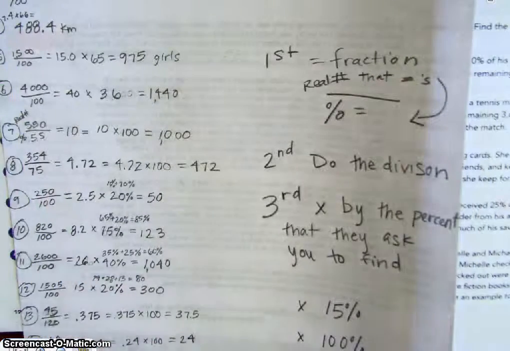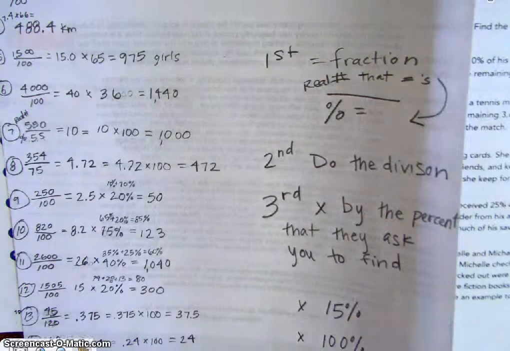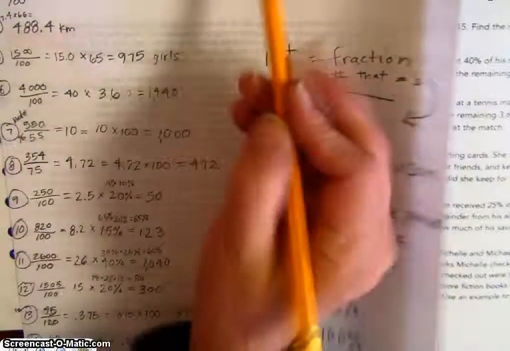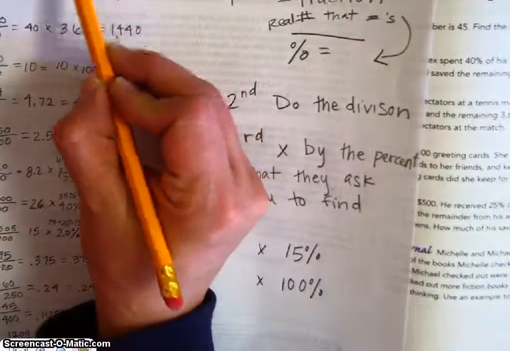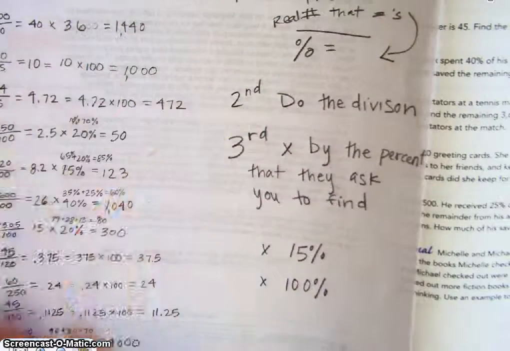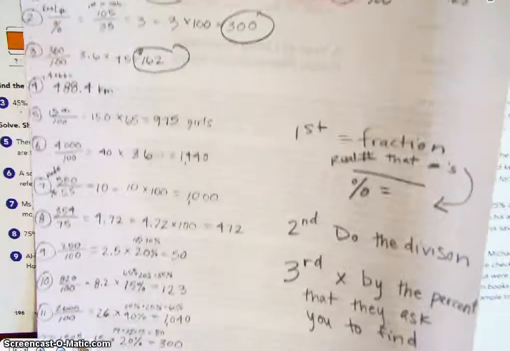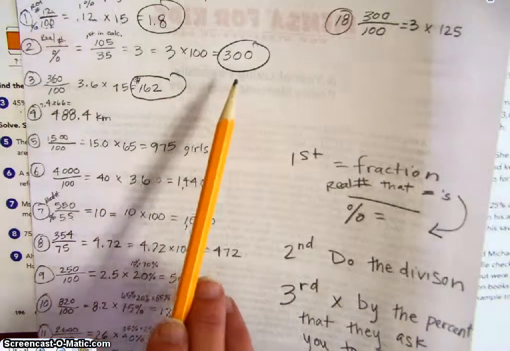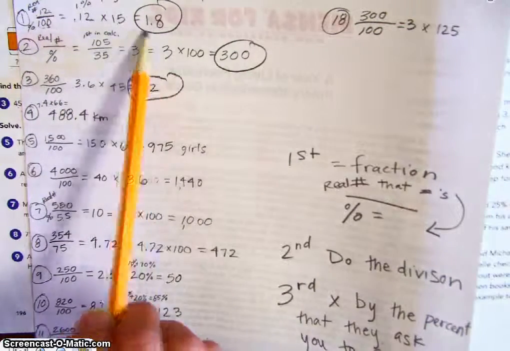So number 1, the answer would be 1.8. Number 2, the answer, I'll circle them for you. The answer is 300. Number 3, the answer is $162. Number 4, sorry, I'm pushing you off the paper here, so I'm bringing it back down. Okay, so number 1, 1.8.